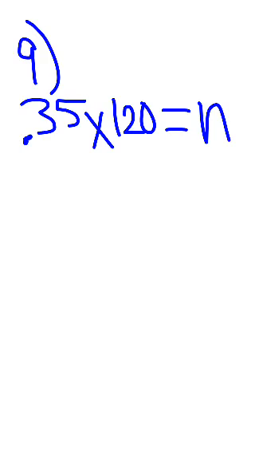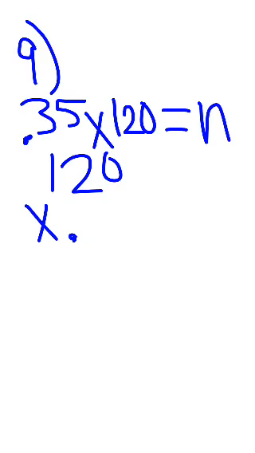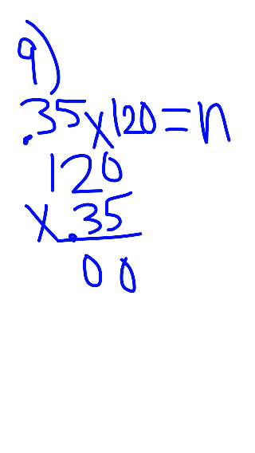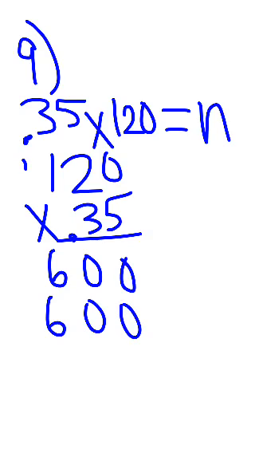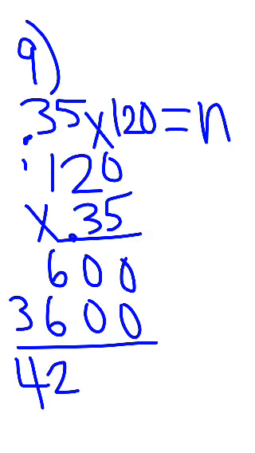All we need to do here to solve for n is multiply 120 times 0.35. Now, after we place the decimal in the right spot, we end up with 42.